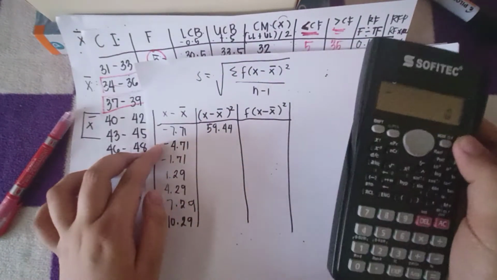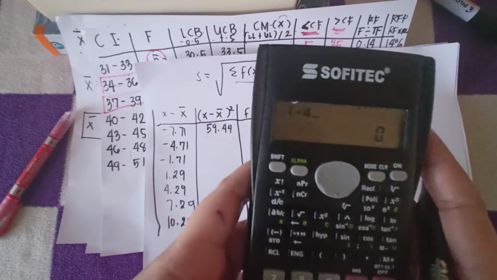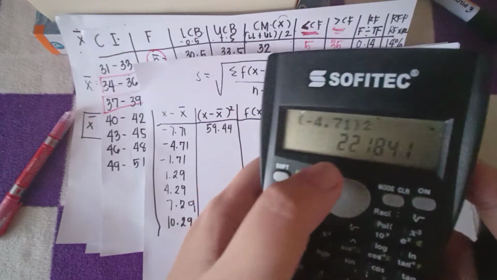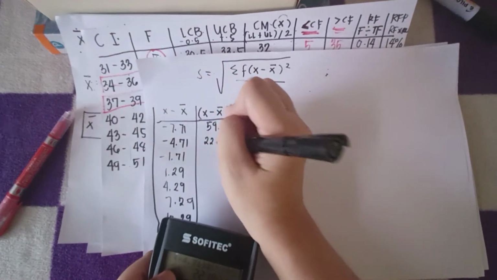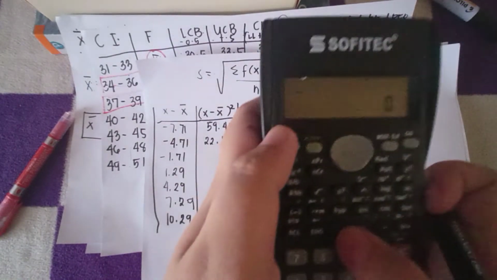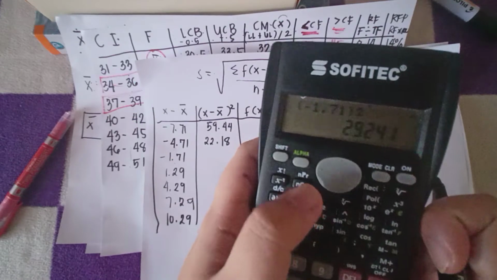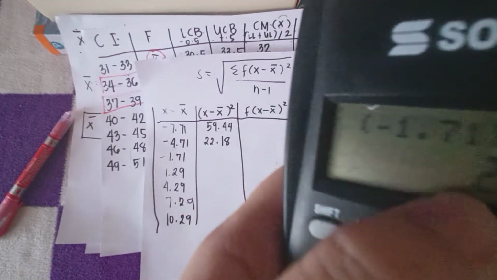Squared nyo lang. Next, negative 4.71 squared, 22.18. Negative 1.71 squared, 2.92.